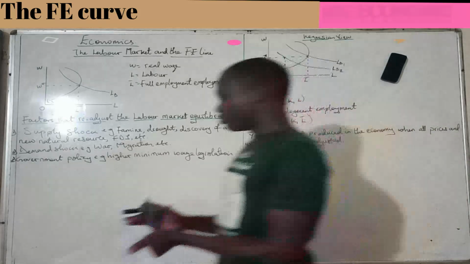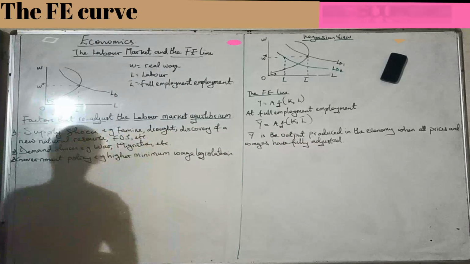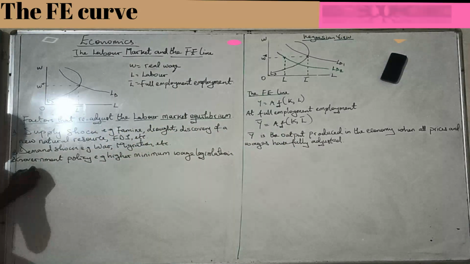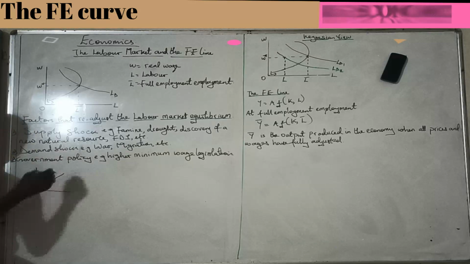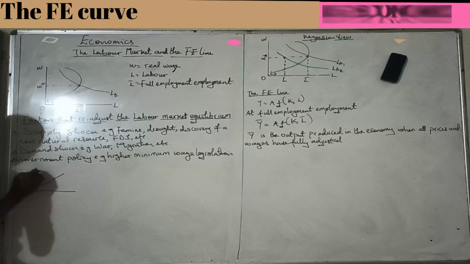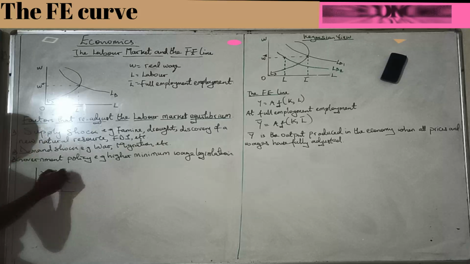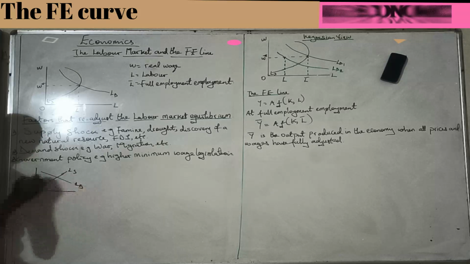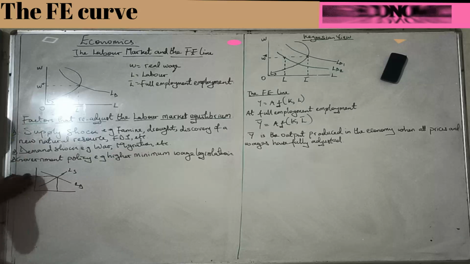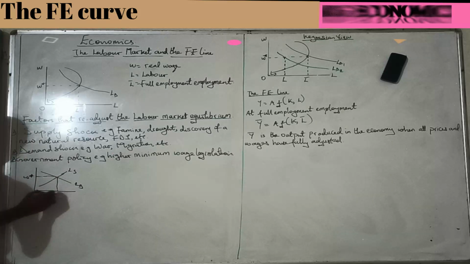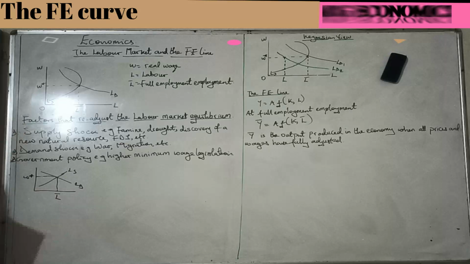All right. So for example, let's say we have something like this. Let me just assume an upward sloping linear labor supply curve. So this is labor supply, this is labor demand. Initially we have this equilibrium wage, and then we have the full employment.